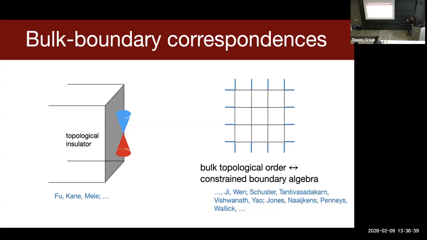By boundary algebra, I mean another mathematical object which describes what the local operators are that you're allowed to talk about. And so these look pretty different, but they're ultimately realizations of this very general idea that the bulk and the boundary are such that, in a broad sense, one fixes the other.